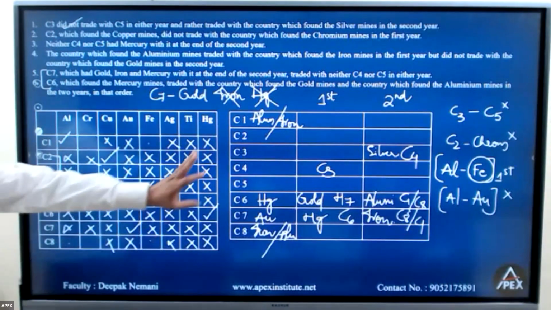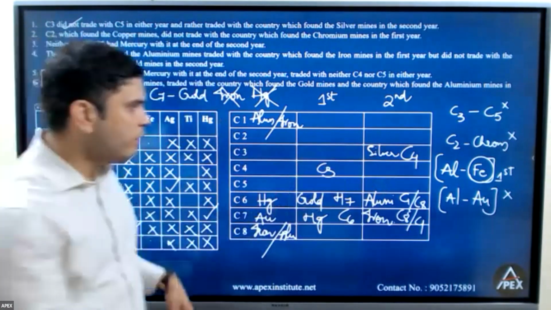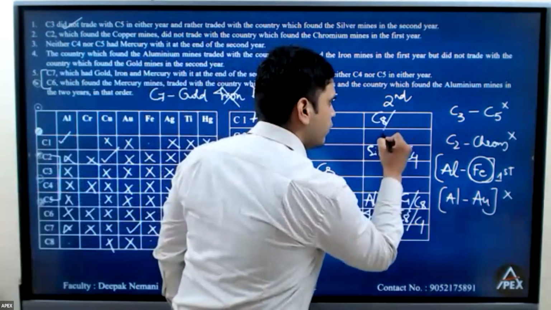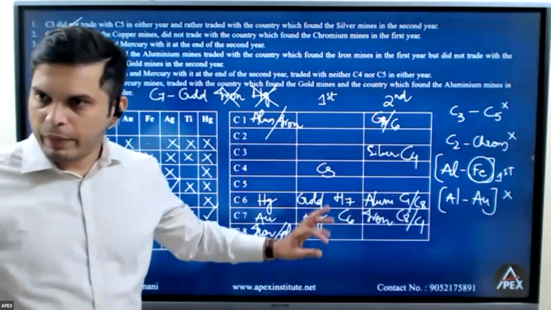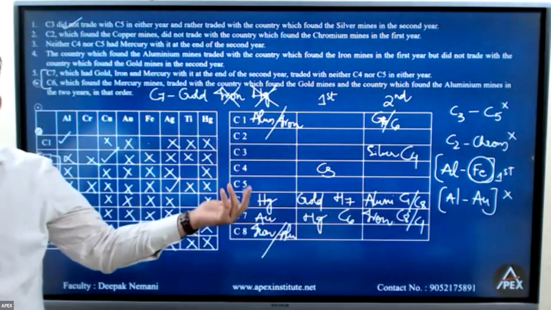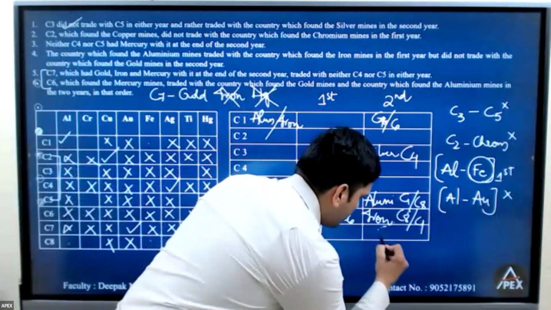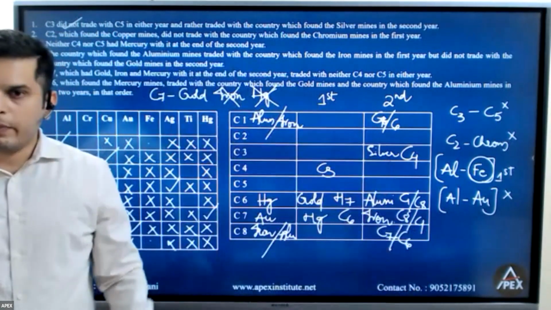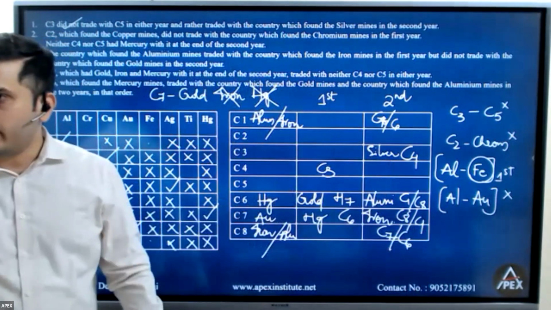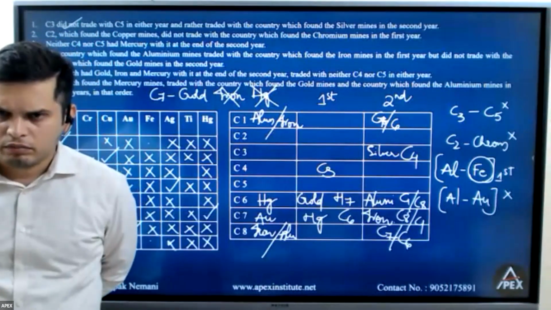Clear? Now C3 traded with C4, C1 traded with either C7 or C6, depending on whether it has an aluminum mine or an iron mine. Same with C8, traded with C7 or C6, depending on whether it's a country with an aluminum mine or an iron mine. Now C2 traded with which country?